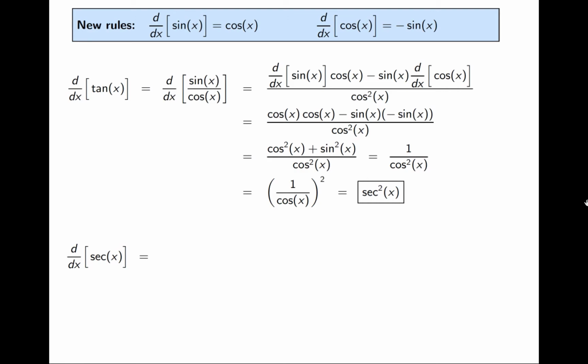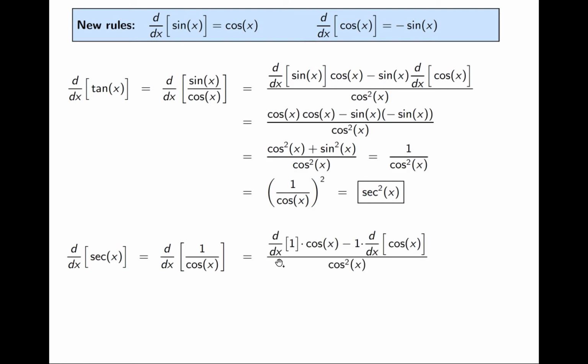Moving on to our next rule, we need a formula for the derivative of secant of x. Now, secant is 1 over cosine, so we're looking for the derivative of 1 over cosine of x, and again, we can use the quotient rule. We'd get the derivative of the top function 1 times the bottom function cosine of x minus the top function 1 times the derivative of cosine of x all over cosine of x squared.